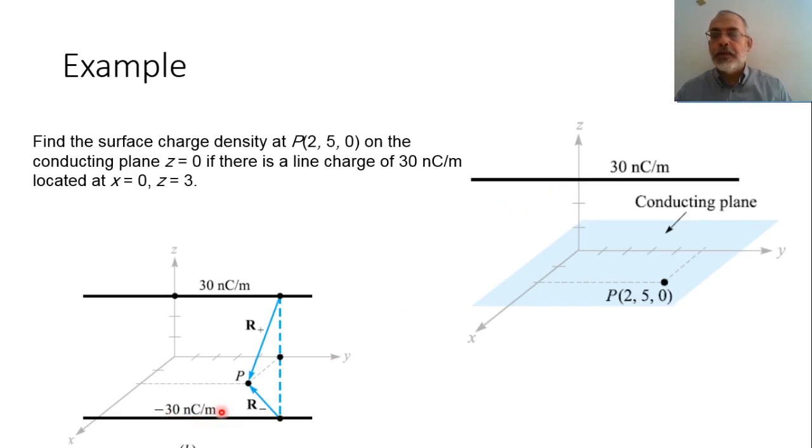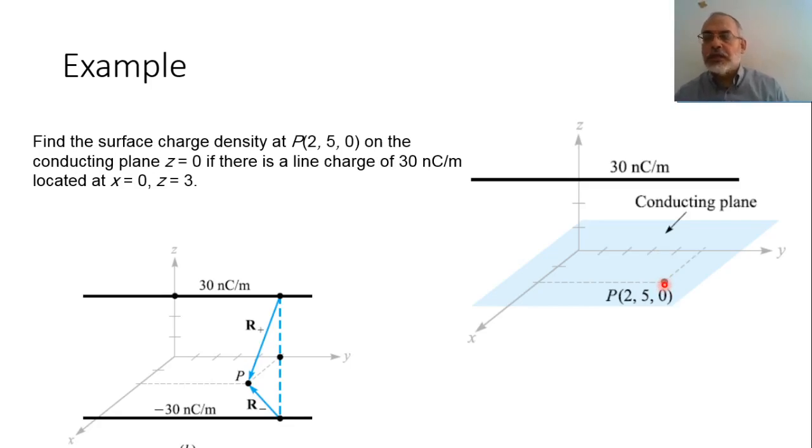Now it is required to find the surface charge density at the point P on the conducting plane. Effectively, we need to find the electric flux density, and we know that the normal electric flux density on the conducting plane equals the surface charge density.